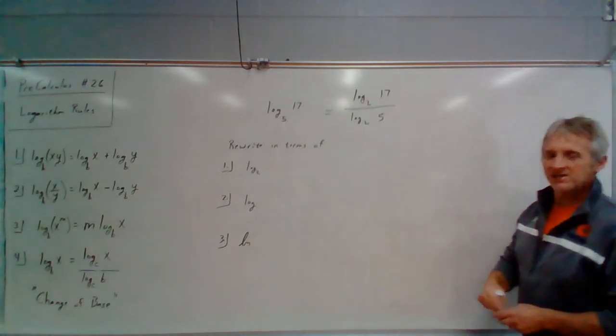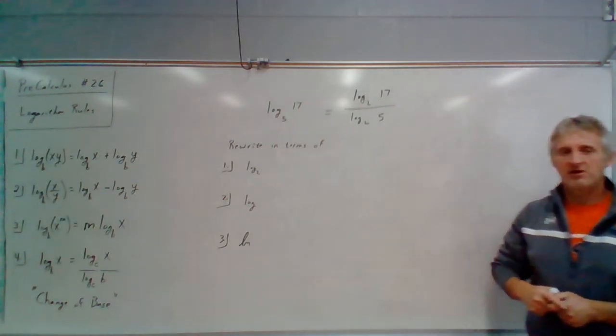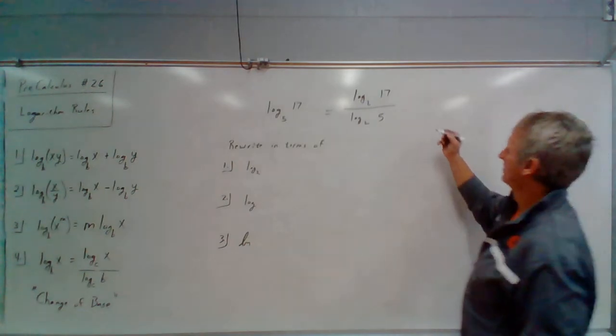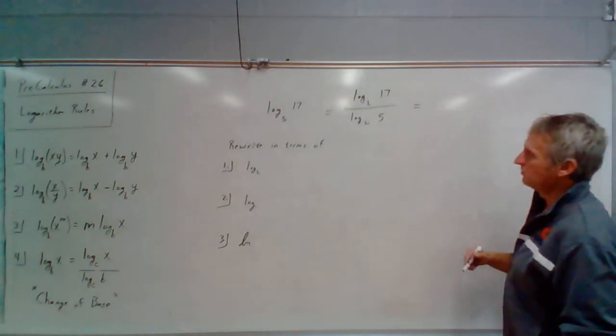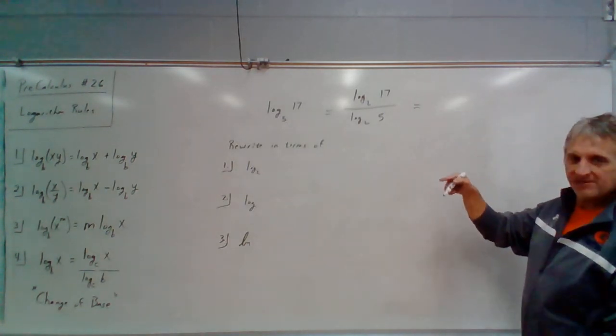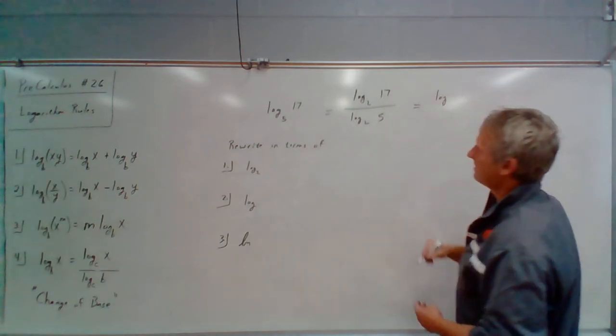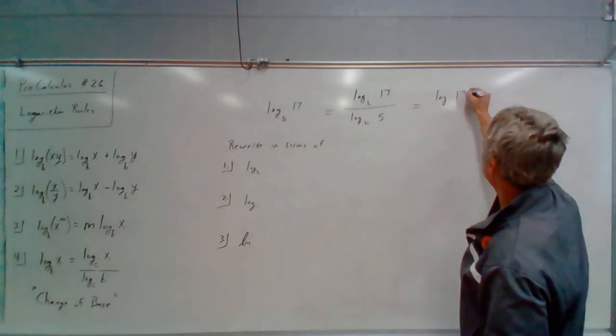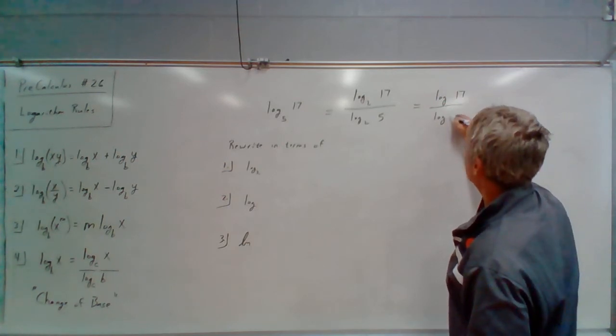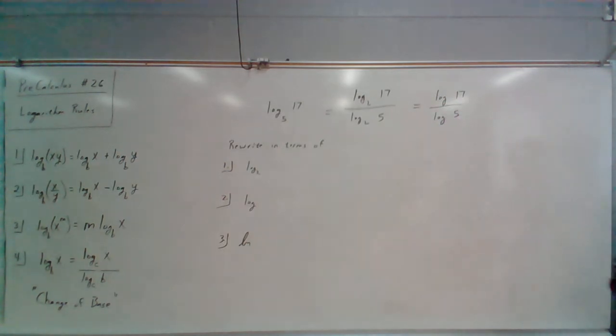All right, let's rewrite it in terms of the common log, or log base 10. So my new base would be base 10, but we don't have to write the 10, it's understood. So that would just be the log of 17 over the log of 5. And it's just that easy.